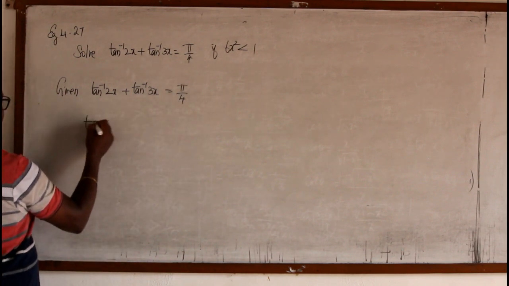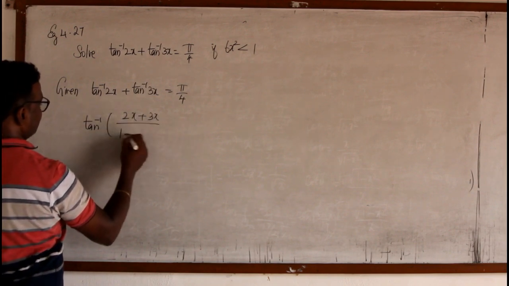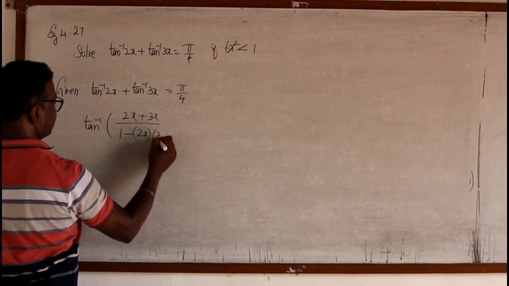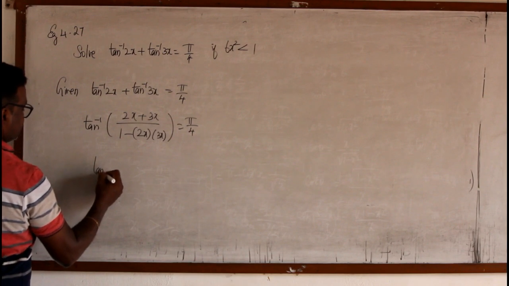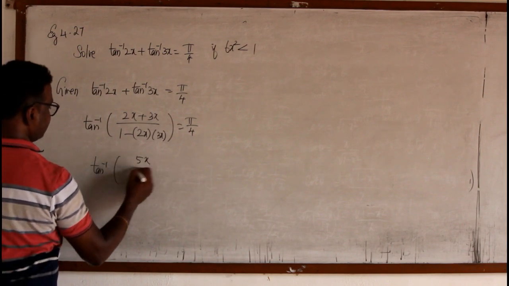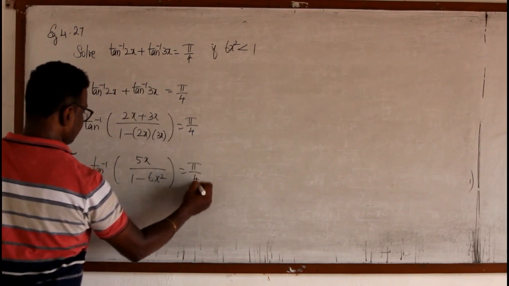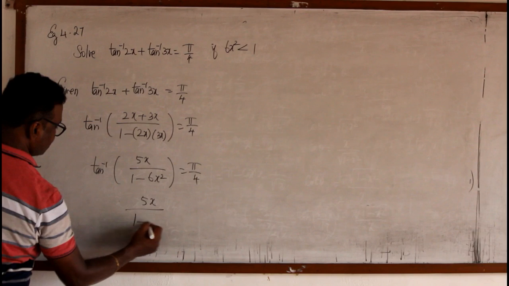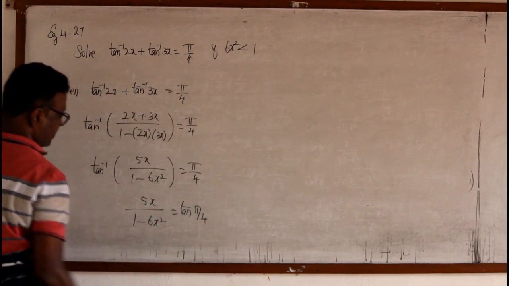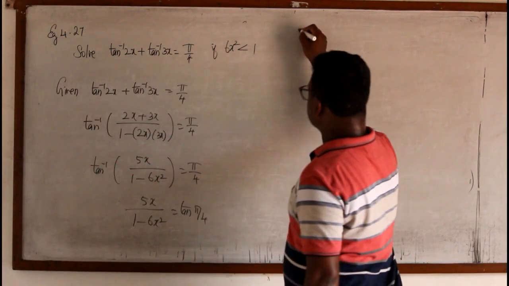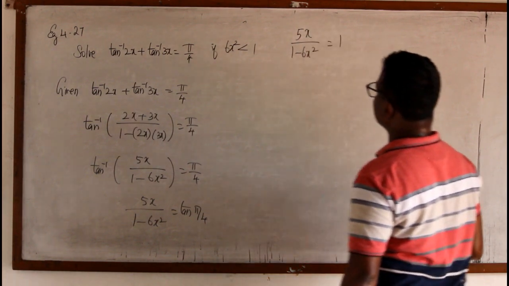This is tan inverse of 2x plus 3x by 1 minus 2x into 3x, which is equal to pi by 4. This is tan inverse of 5x by 1 minus 6x square is pi by 4. That is 5x by 1 minus 6x square equal to tan pi by 4, that is tan 45, which is 1.